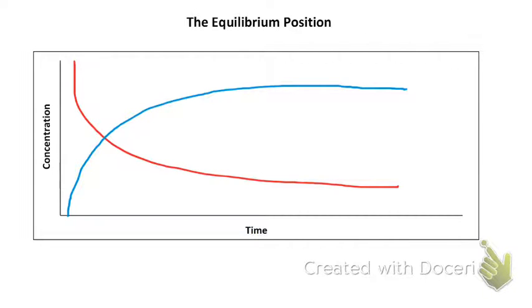The rate initially is not going to be occurring, but then it speeds up as we begin to create product. So up here, this blue curve represents our product, and the red curve represents our reactant.